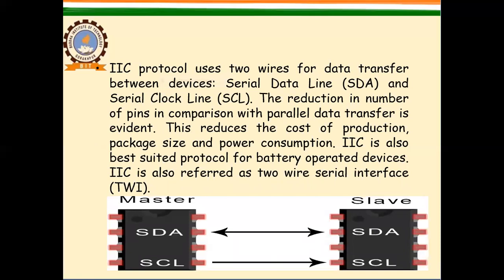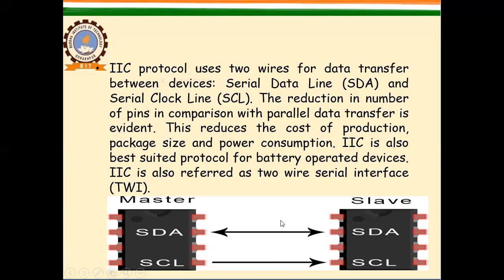I2C protocol has a two wire system. It only uses two wires, SDA and SCL, serial data line and serial clock line. Here you can see that a single line is used for data transmission, which is known as the serial data line. The arrow in this diagram shows that both way transmission takes place on the single line.